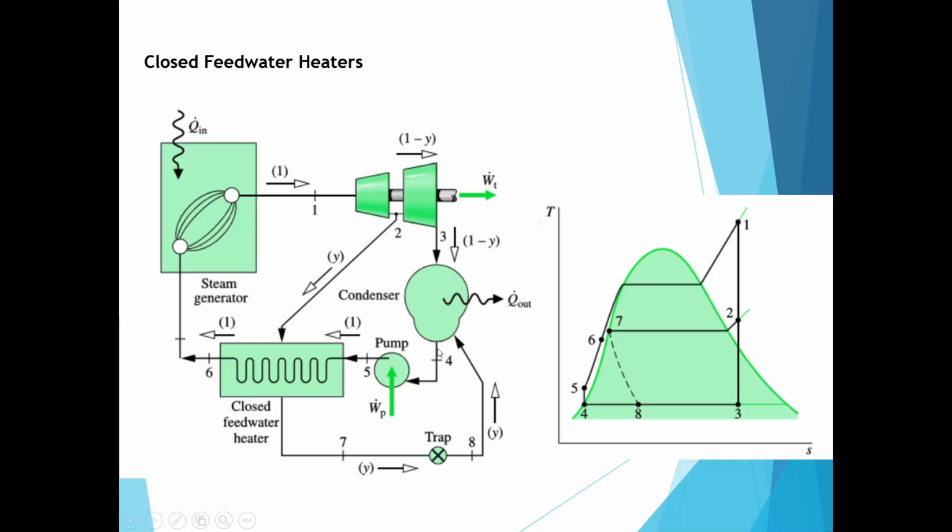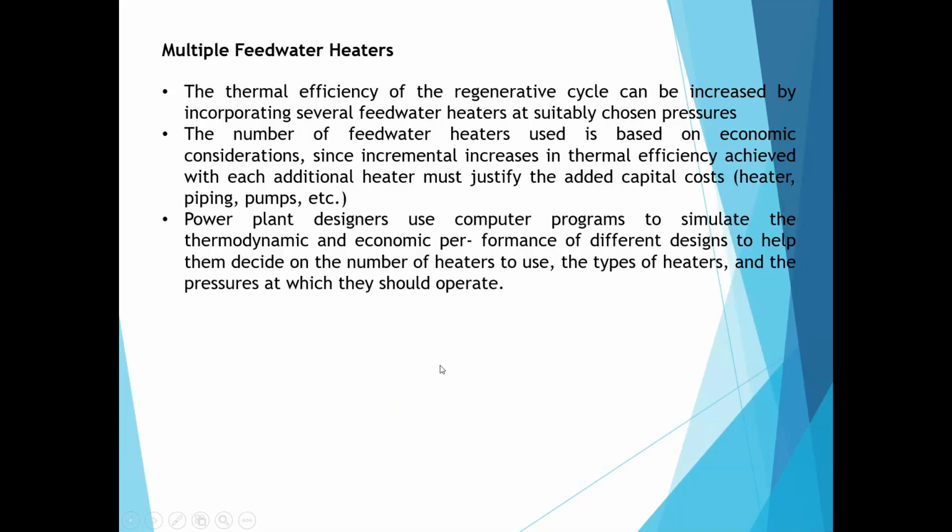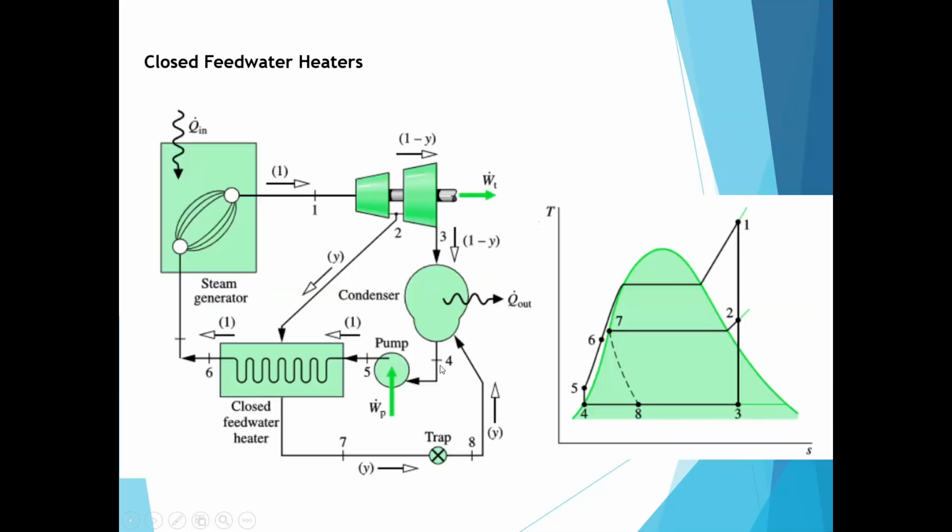Therefore what you are getting from here is again Y. So you are pumping 1, you are extracting Y here, then what you have here is 1 minus Y, and you are again pumping Y here. Then you get Y plus 1 minus Y, these two cancel out, and you get 1 here.